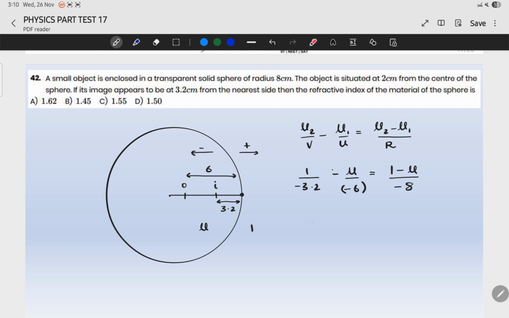So let's shuffle it. You will get mu by 6 plus 1 minus mu by 8 is equal to 1 by 3.2. So 24 is the LCM. We will get 4 mu plus 3 minus 3 mu is equal to 24 by 3.2.